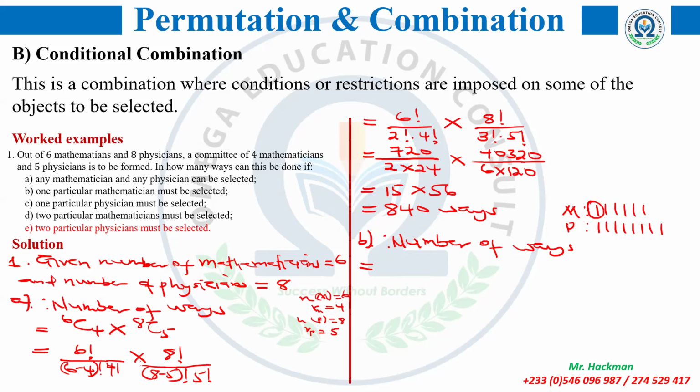Is that clear? Whether you like it or not, that mathematician must be part of the committee. I hope you are with me. Yes. Okay, so the condition, you can see that here the condition is placed on which category? Mathematician or physician?